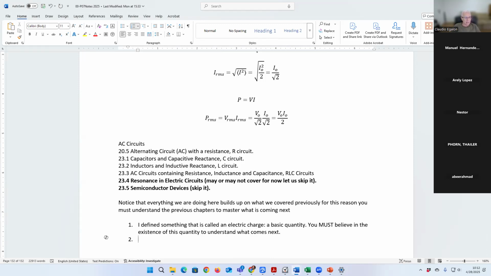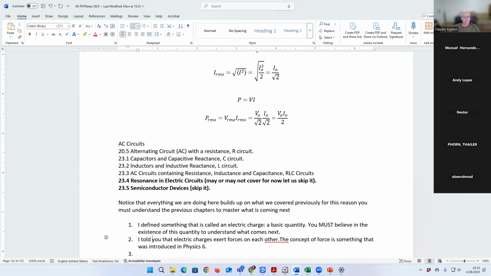Then, what did we do? I told you that electric charges exert forces on each other. The concept of force was introduced in physics 6, in our previous physics course.